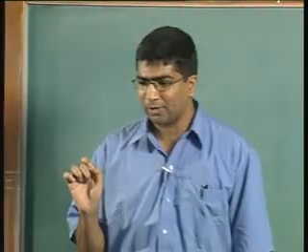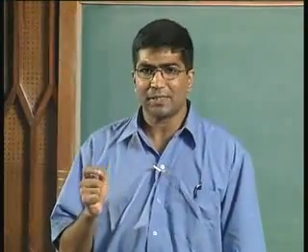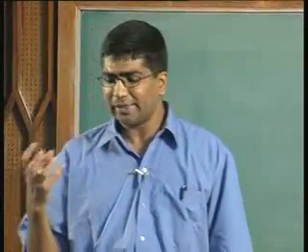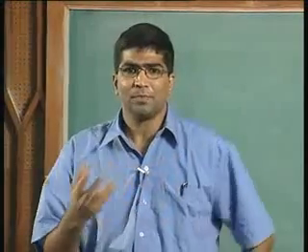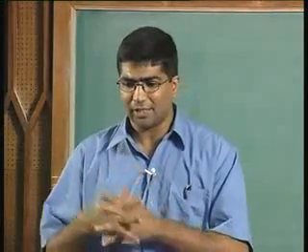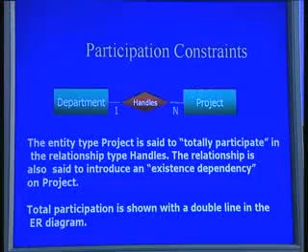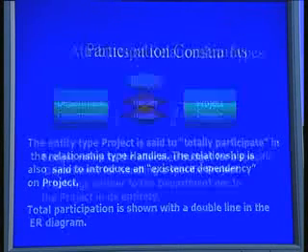So a participation constraint in which an entity type's existence is dependent upon the existence of this relationship type is called total participation. That is, the entity type participates completely or totally in this relationship.